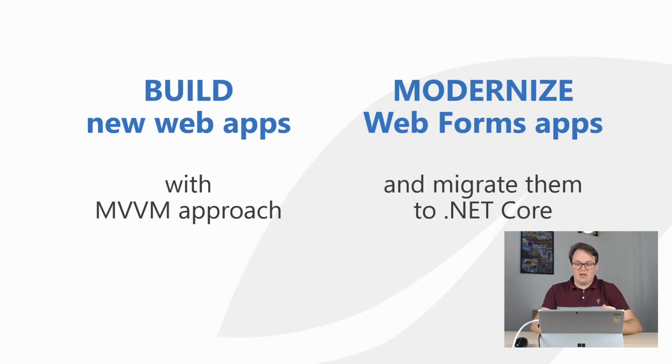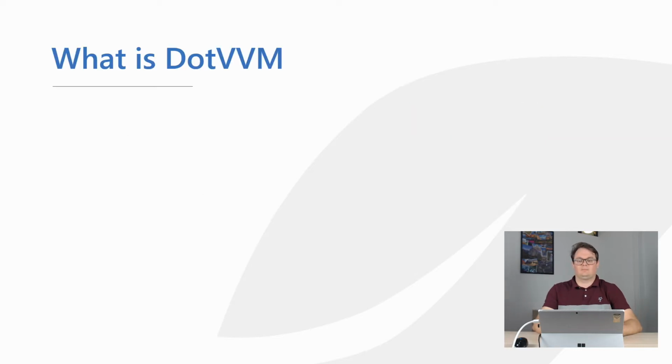So it can help you to get rid of old web forms and go to .NET Core. If you are interested in this scenario, make sure to join us tomorrow at this time, because I will be talking about this in more detail.